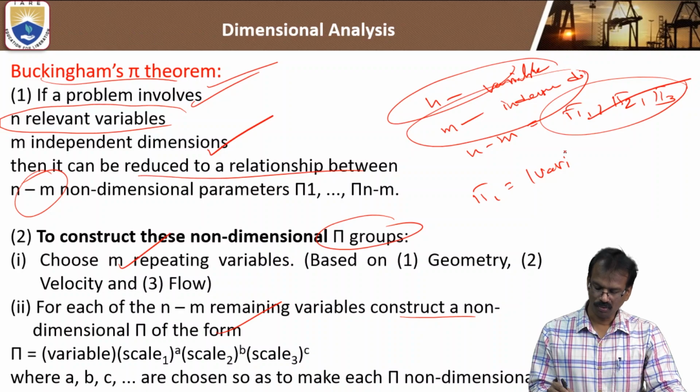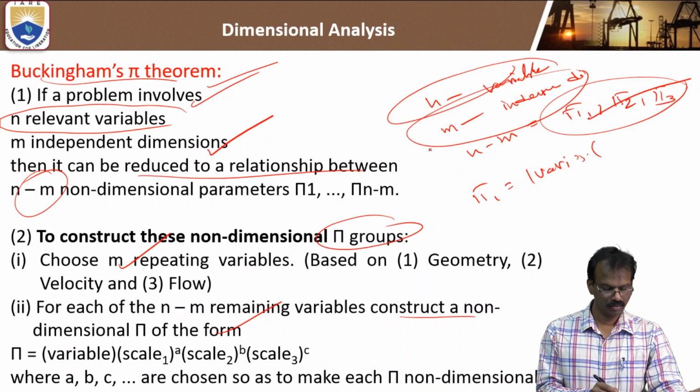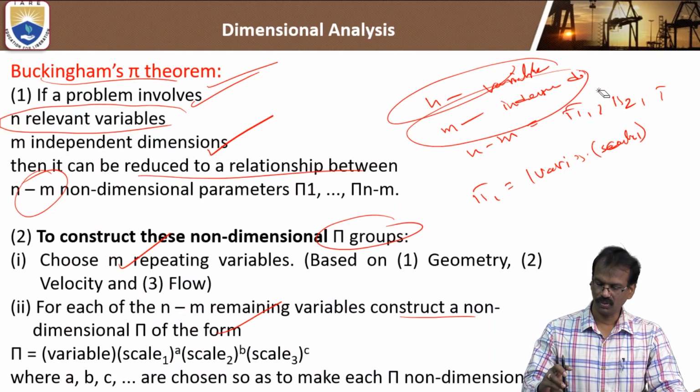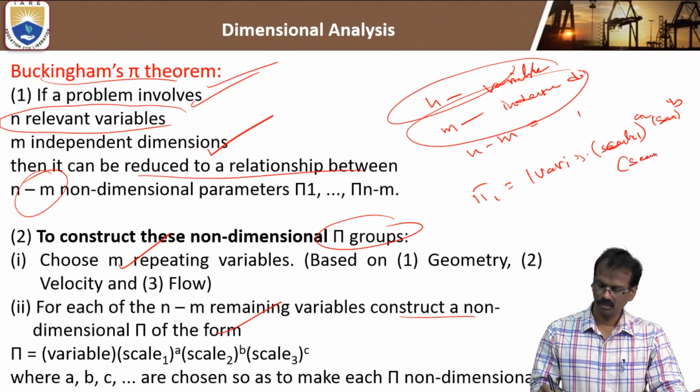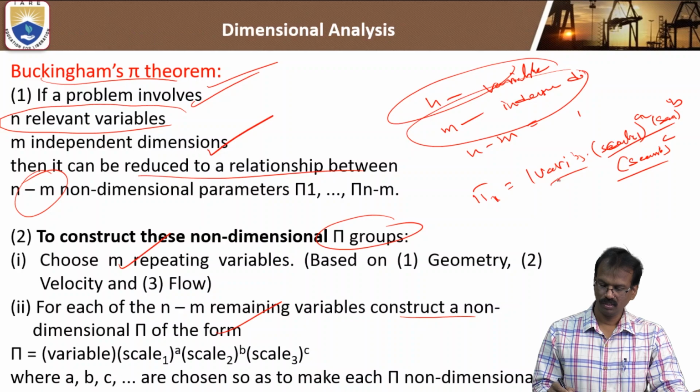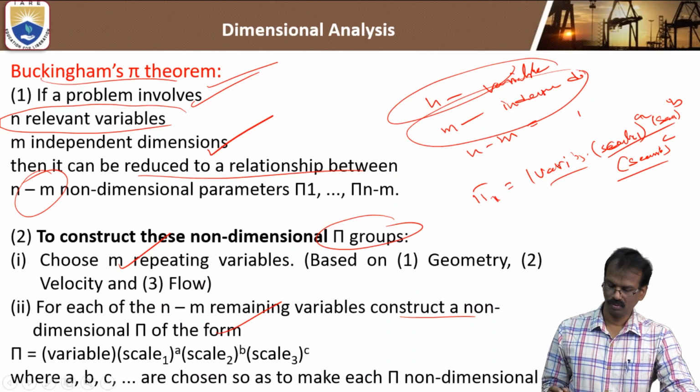So you take the first remaining variable, then take the repeating variables: scale 1 with power A, scale 2 with power B, scale 3 with power C. So these are the repeating variables, and these are the remaining variables. In each pi term, we have to take a remaining variable every time.